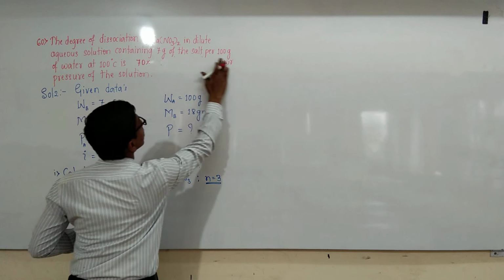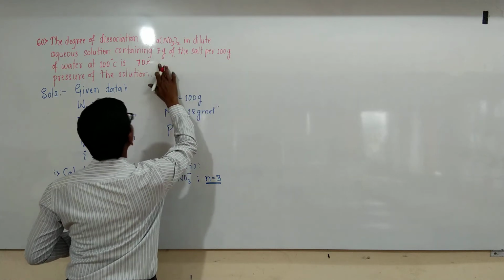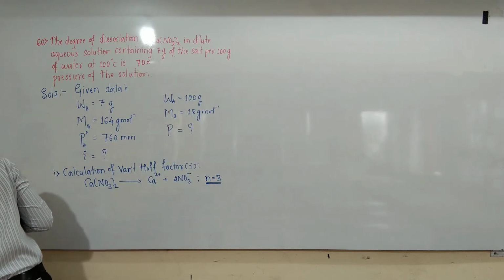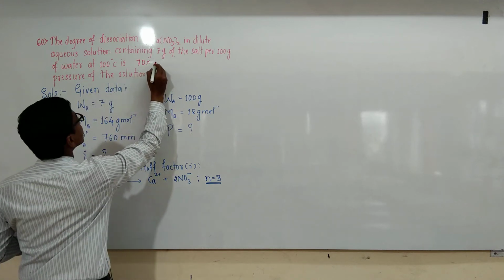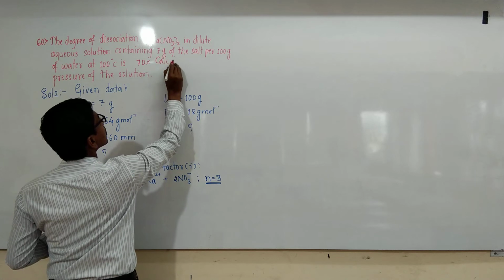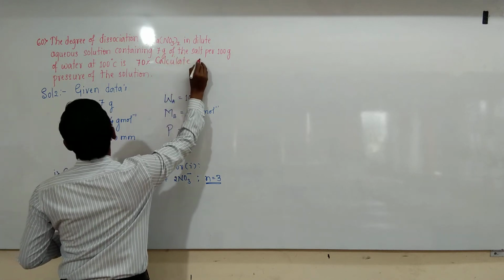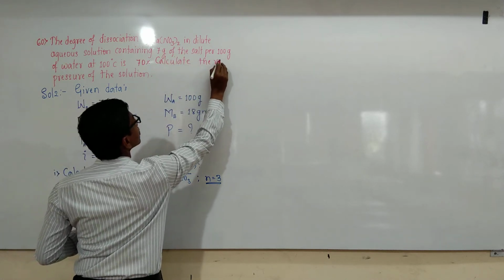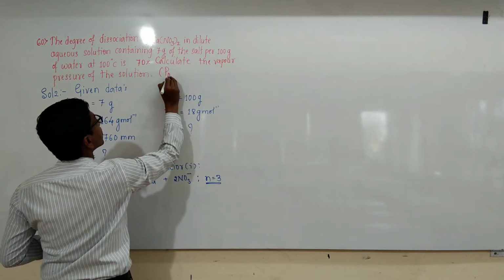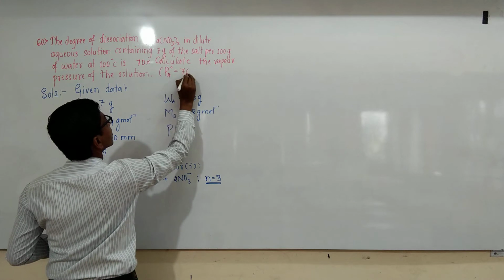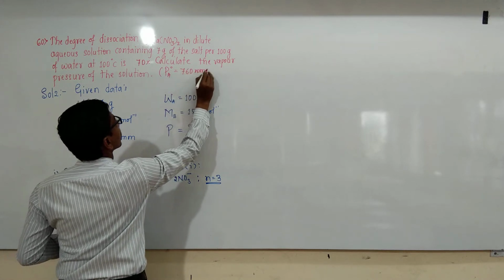The degree of dissociation is given as 70%, and we have to calculate the vapor pressure. PA0 is equal to 760 mm.